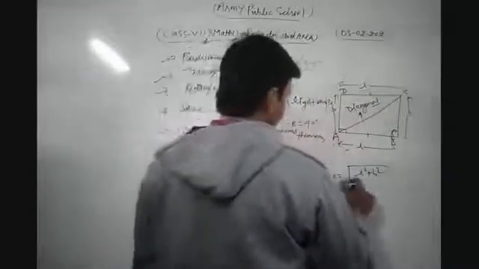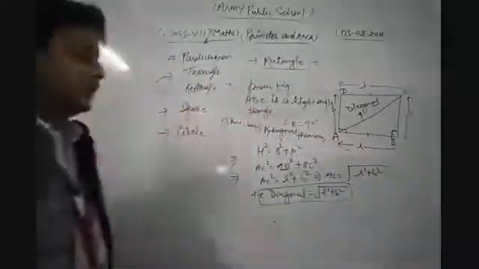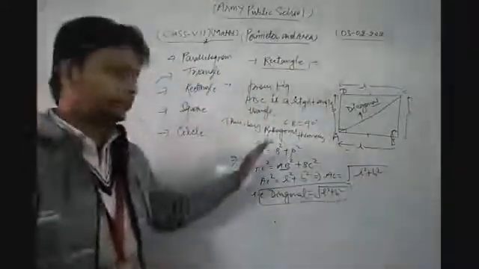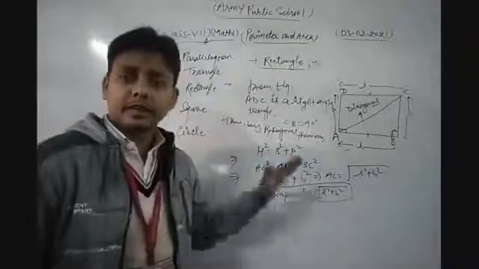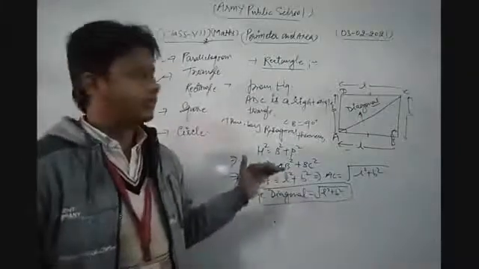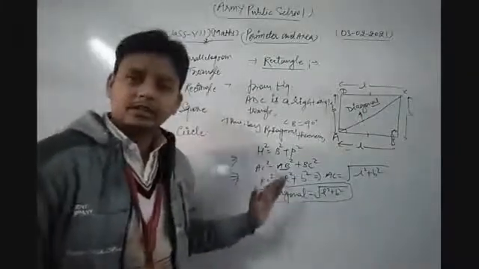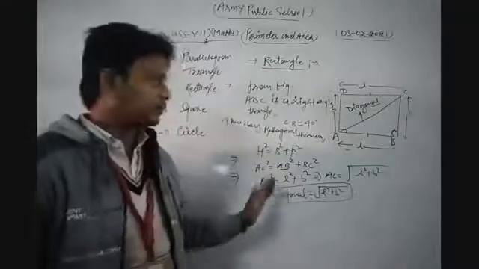This is the formula of the diagonal of the rectangle. Using that formula you can find the diagonal of a rectangle. This is one of the most important formulas related to the rectangle.